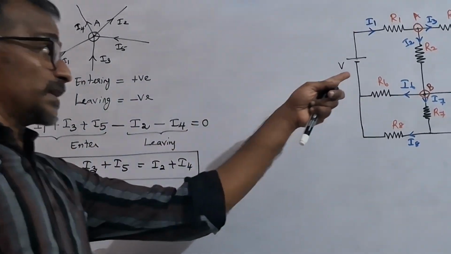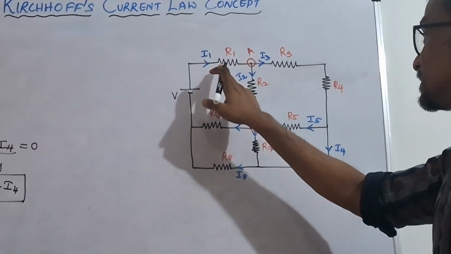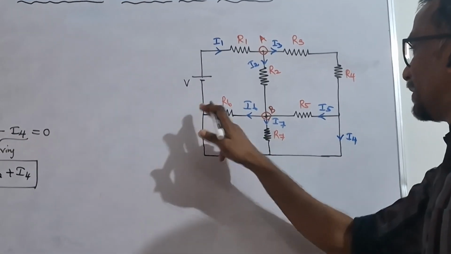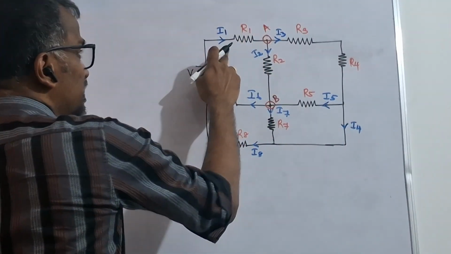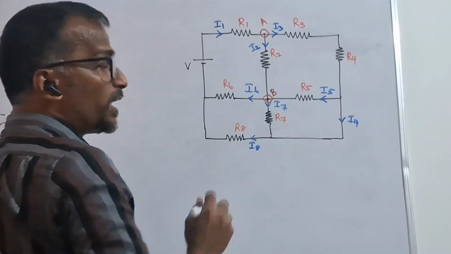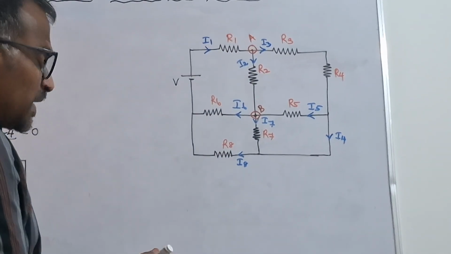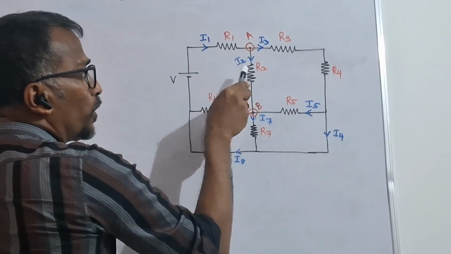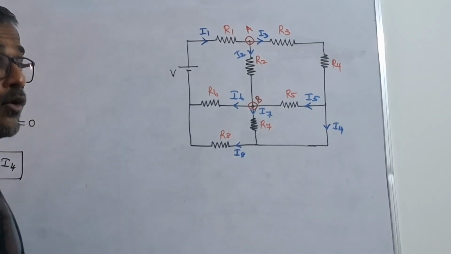Now let us see the circuit here. There are four loops and the branches are 1, 2, 3, 4, 5, 6, 7, 8, 9. Many branches are there. Now you can see this is node A and this is node B. I am going to consider only node A and node B. In node A, I1 is entering the node, and I2 and I3 are leaving the node. So how can one write it?